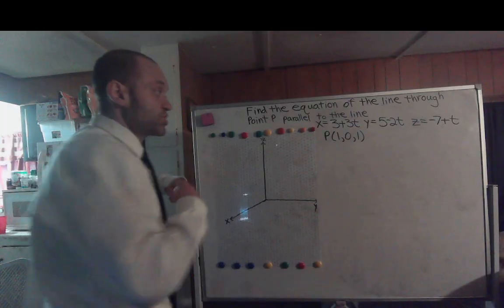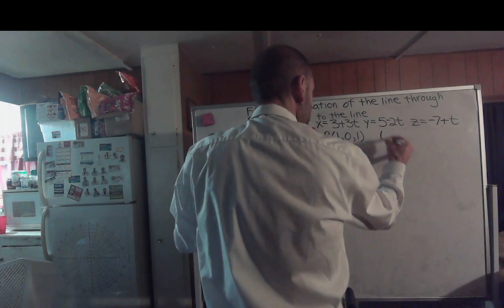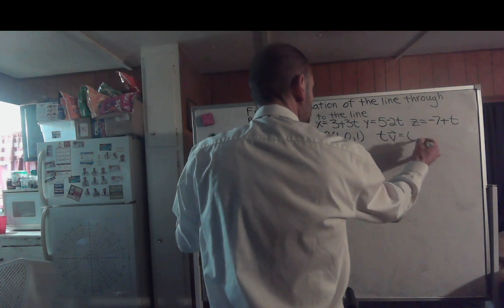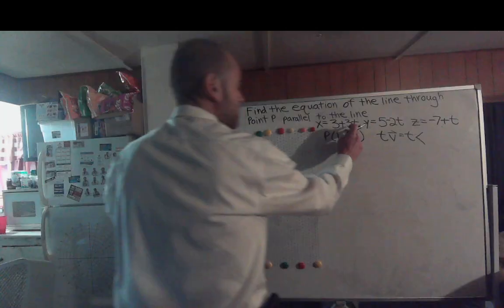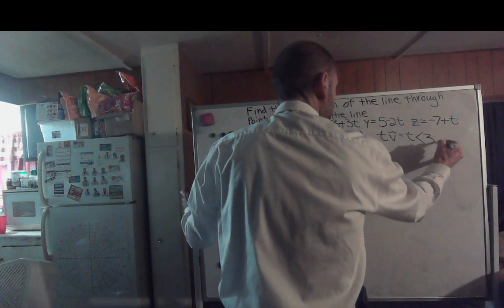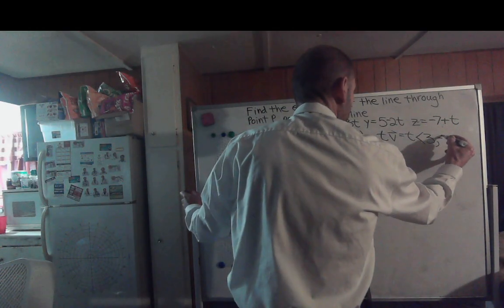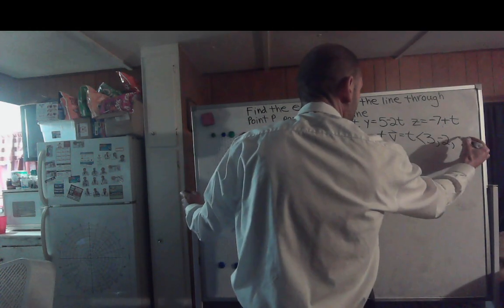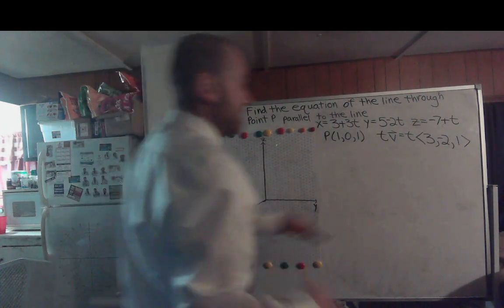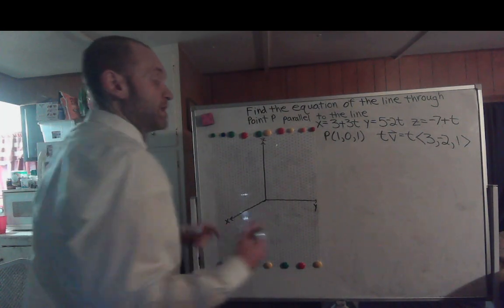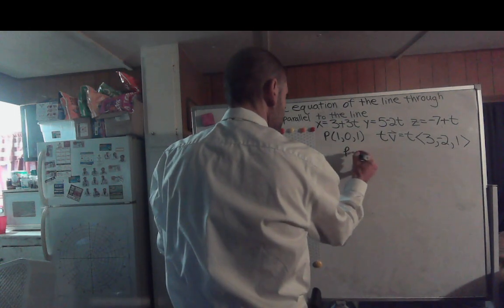Those are your direction numbers for your vector. So if you take t times that vector v, you'll end up getting t times 3 for the x variable, negative 2 for the y variable, and 1 for the z. So there's your direction numbers: 3, negative 2, 1. Now we can go ahead and find the parametric equations.